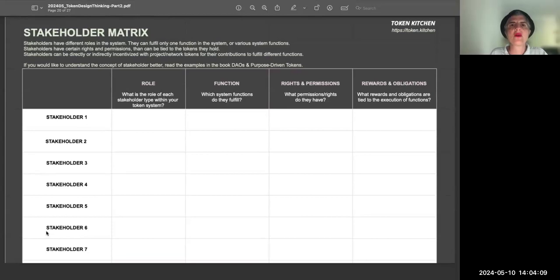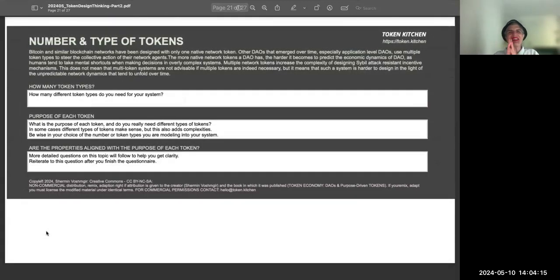Okay. Let's go then, because I think this is why people came. Tokens. So, okay, now we're there, now we can think about the number and type of tokens. You know what you want to do, what's your goal, what's the collective goal of your system? Do you have one goal or multiple goals? How do you incentivize? Who are your stakeholders? Which functions do they fulfill?